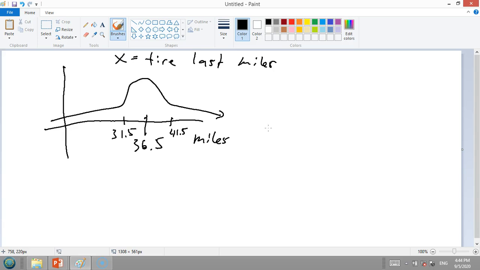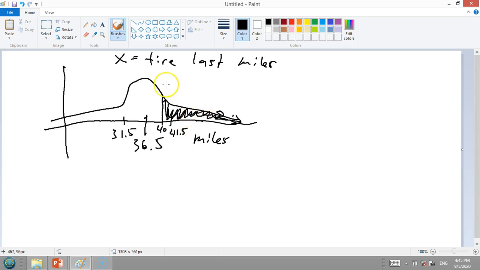I just pick one, I close my eyes, I pick a tire. What is the percentage chance it's going to last more than 40,000? So I put a 40 here, and I want to know the probability to the right of this one.